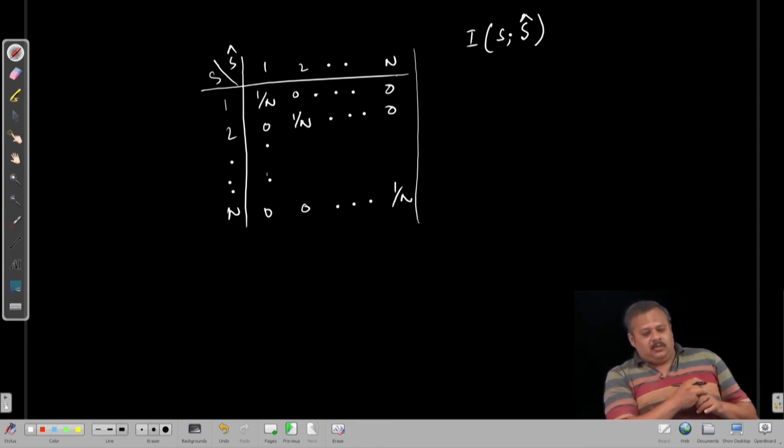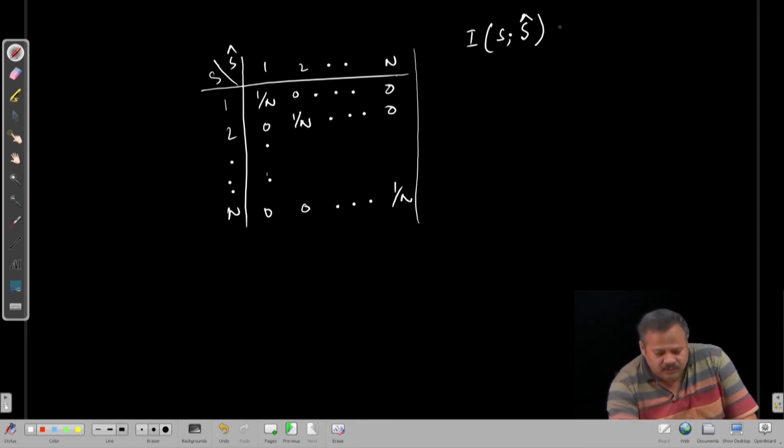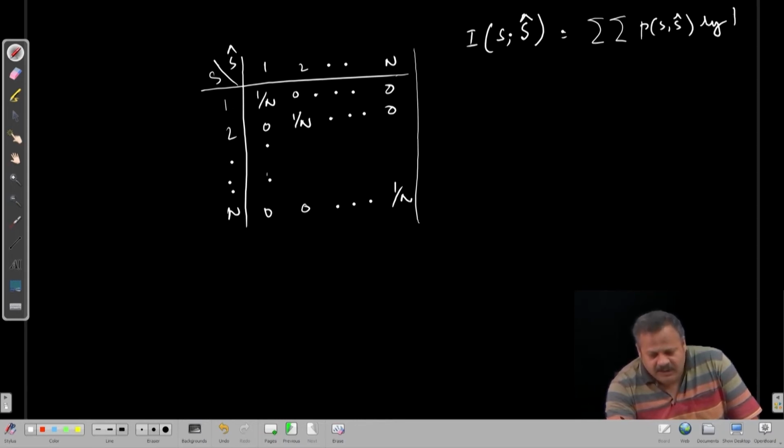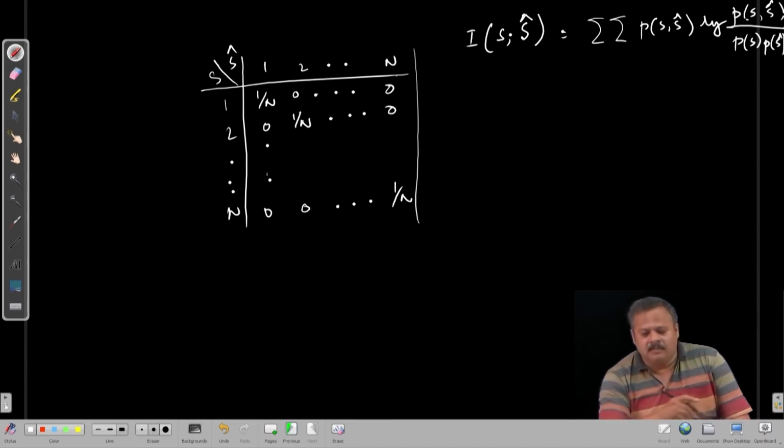So, we know that the definition of mutual information is the summation of P(S, S hat) log of P(S, S hat) over P(S) and P(S hat).